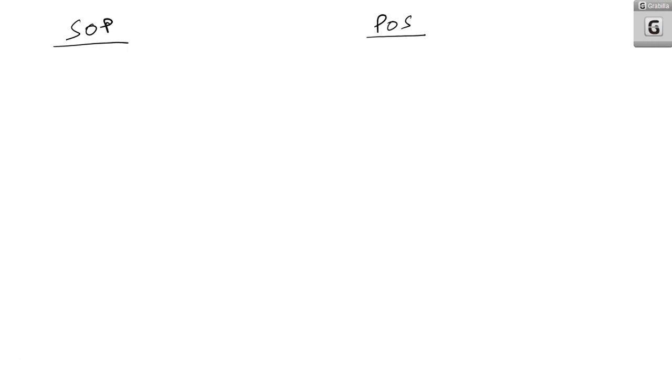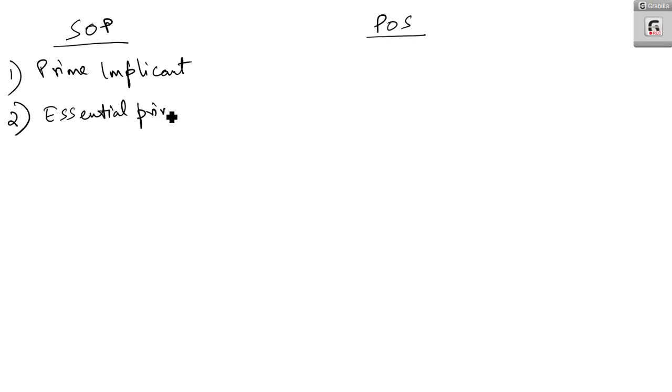In SOP form, the definitions required are, first one, what is prime implicant? Second one, what is essential prime implicant?